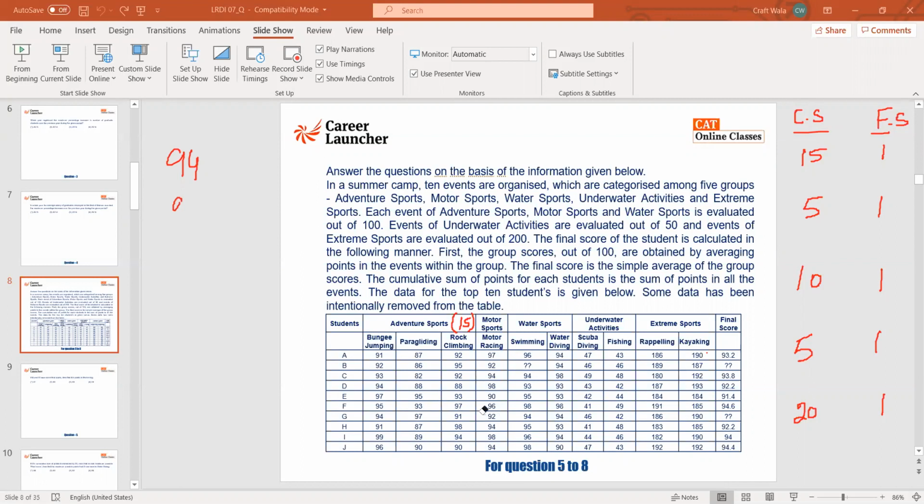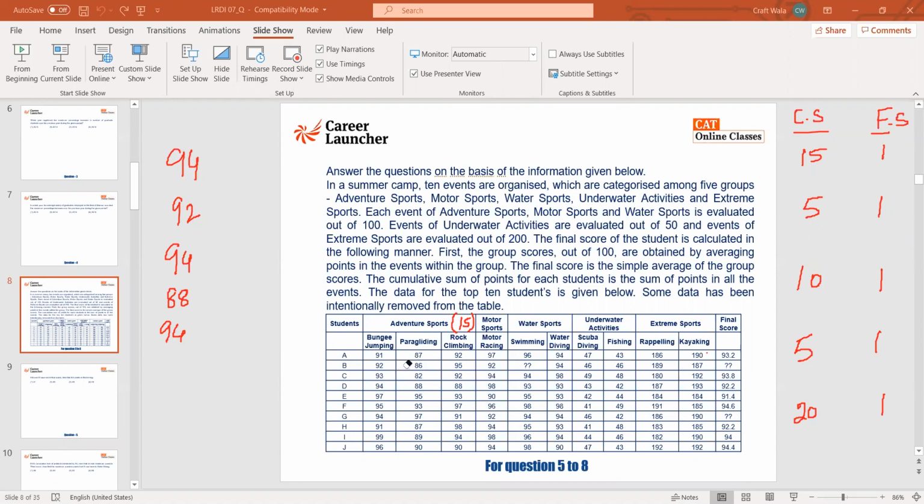Next one, 94 and 94, that means he has got 94 in this one. 46, 42, that means he has got 88 in this one. 186 and 190, so 186, 190, 188, average 188 means 94 came in this. So one way is you can add all and divide by 5. The other way is to look at B.